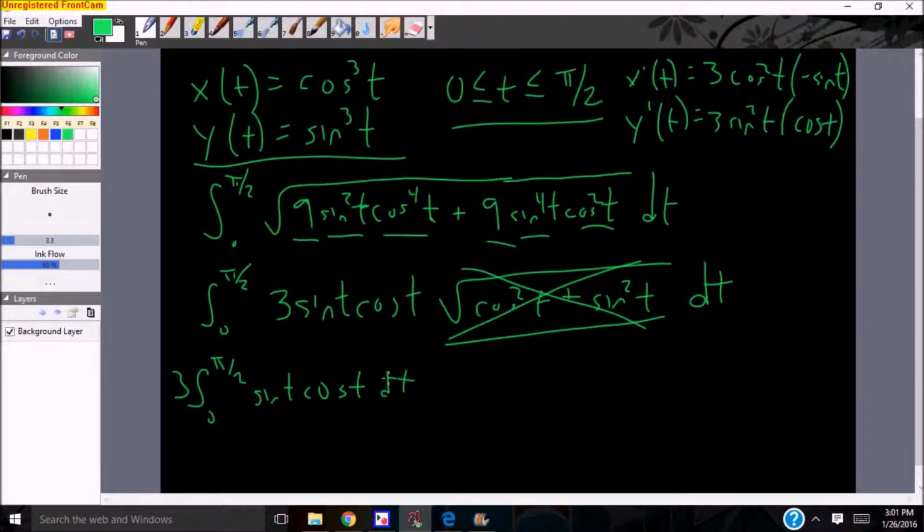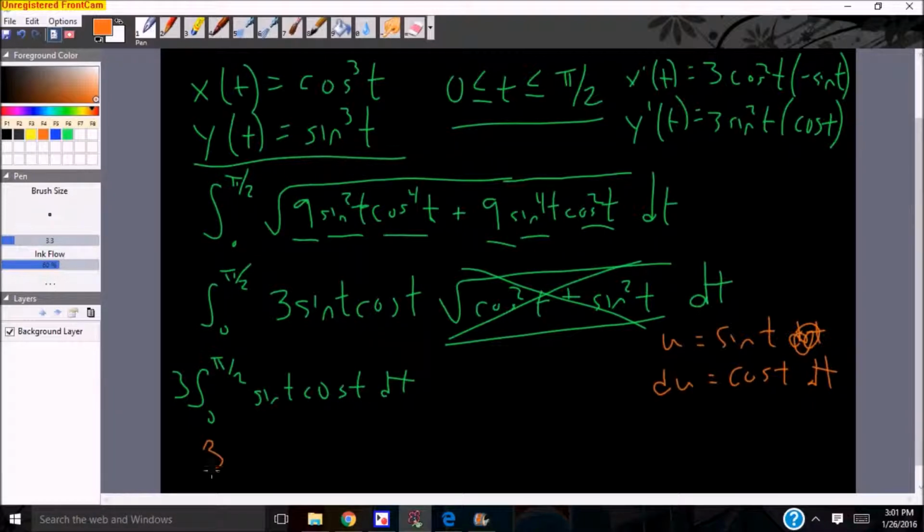We can use a u substitution on this. So let's see. u is equal to sine of t, and so du is cosine of t dt.